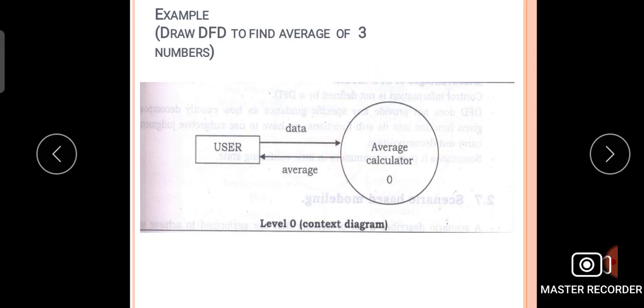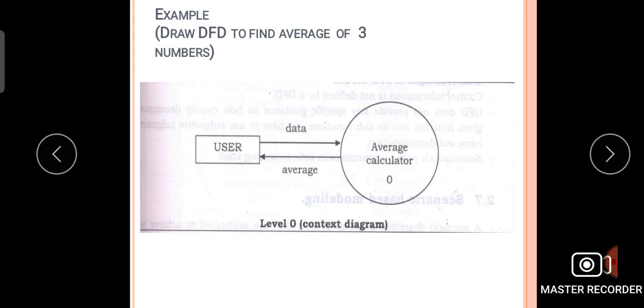That's why we define a process within a round shape and we define an entity within a rectangle box. The communication between user and average calculator process uses this arrow line, that means the data flow line. So this is our entity, this is our process, and this arrow line is data flow.